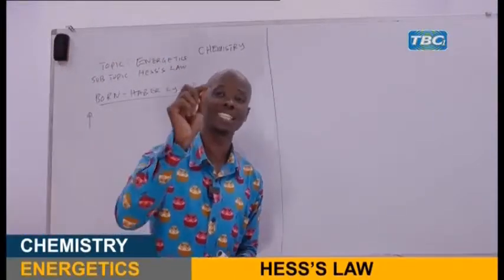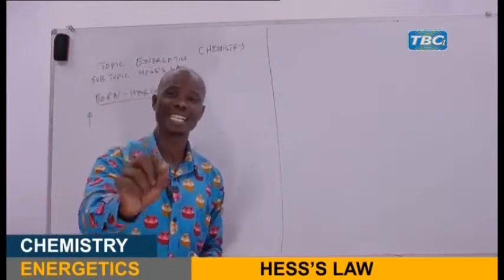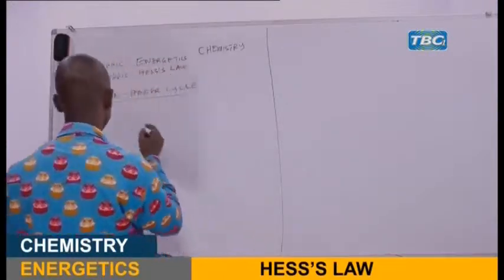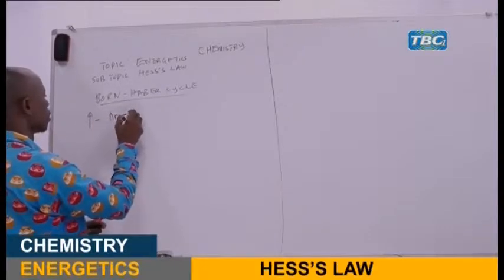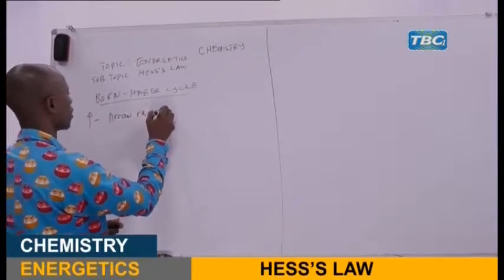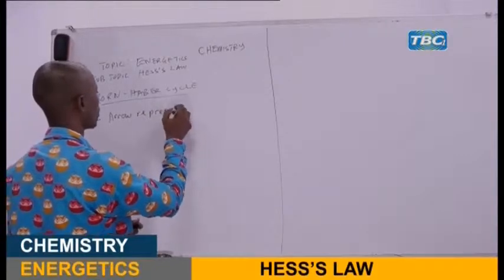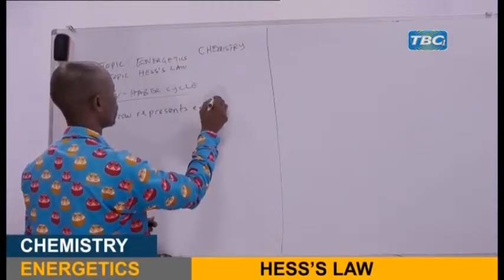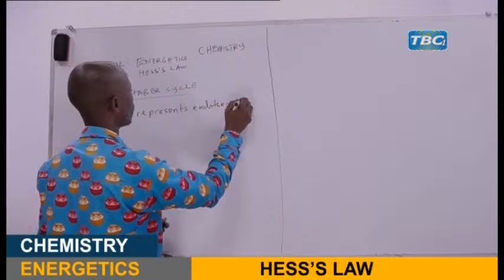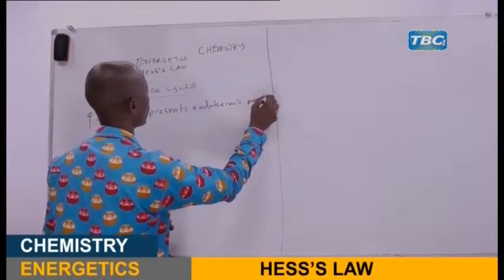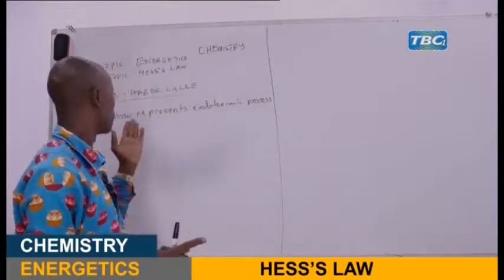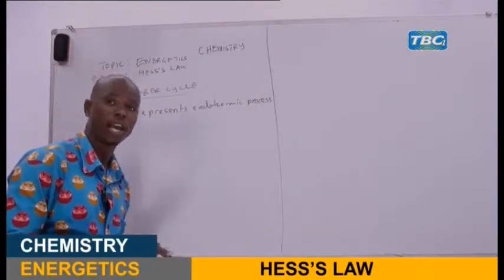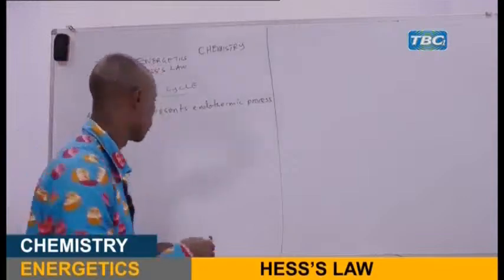The arrow which is pointing upward represents an endothermic process, and the one which is pointing downward represents an exothermic process.